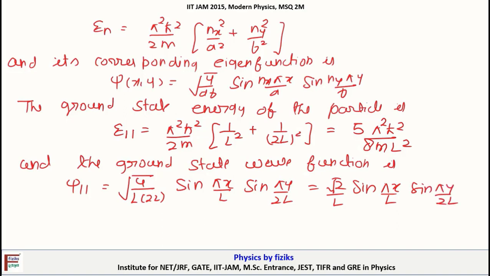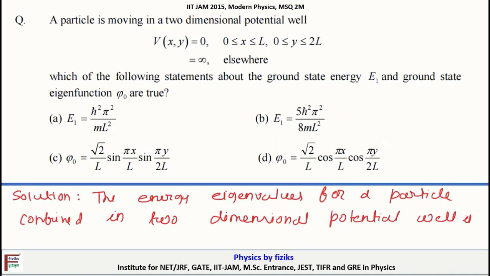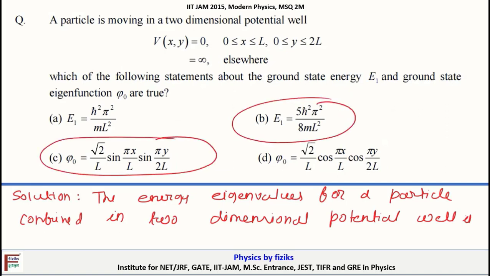Here a is equal to L and b is equal to 2L. Thus, option C and option B are correct.